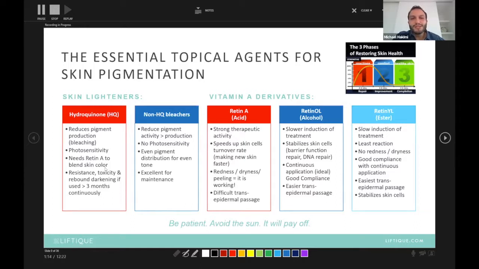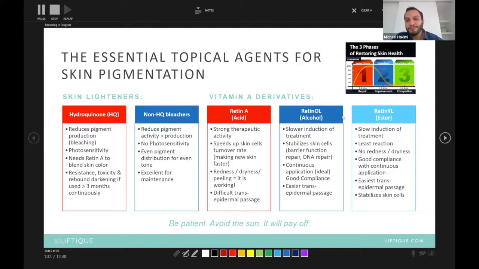And I only use it for 2 or 3 months. When their skin starts to get better, then I de-escalate the treatment to a non-hydroquinone bleacher, such as arbutase or kojic acid, because they are easier to comply with.